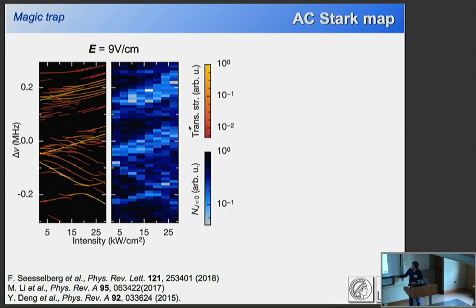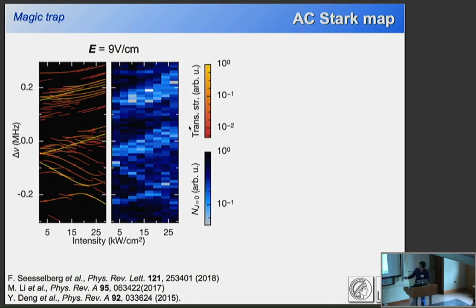And in experiment, we also test that by sweeping the magnetic field at a certain intensity across a small range. Every time the sweep crosses a resonance, you see the molecule number drop. So basically, we map out this hyperfine Stark map.